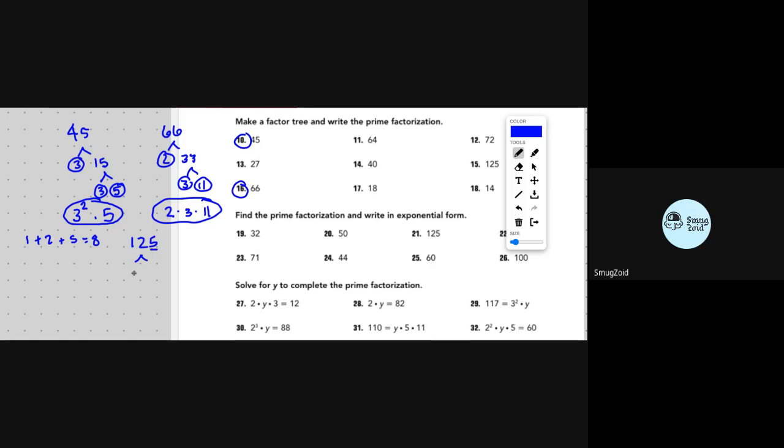But we do see it ends in a 5. So I can divide by 5, and it goes in 25 times. So 25 is 5 and 5. And so my prime factorization will be 5 to the third power. So 10 through 26 also has two parts. You're going to do the factor tree and write the prime factorization as well.